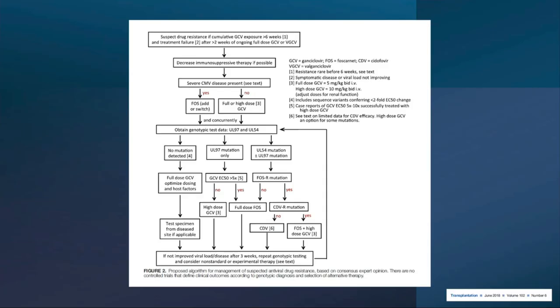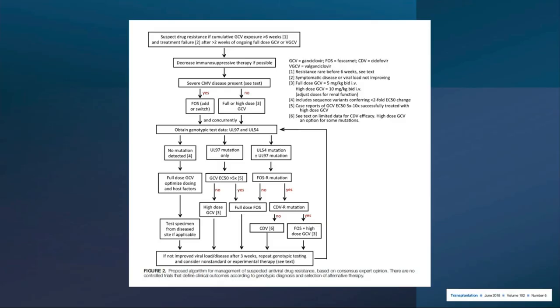So change from PO valganciclovir to IV ganciclovir, and again, try to reduce immunosuppression. And then if your resistance testing comes back as, for example, ganciclovir resistant, then it will actually tell you the level of resistance to ganciclovir.